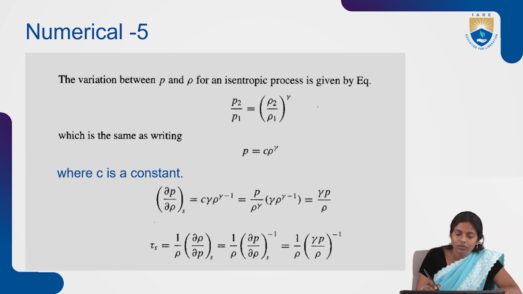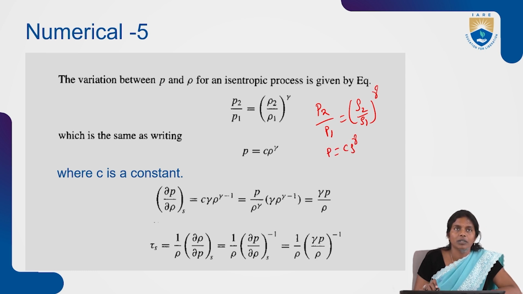Now for an isentropic process, p by rho to the gamma equals constant, so p equals C into rho to the gamma, where C is a constant. Then dou p by dou rho is equal to C into gamma into rho to the power gamma minus 1, right?